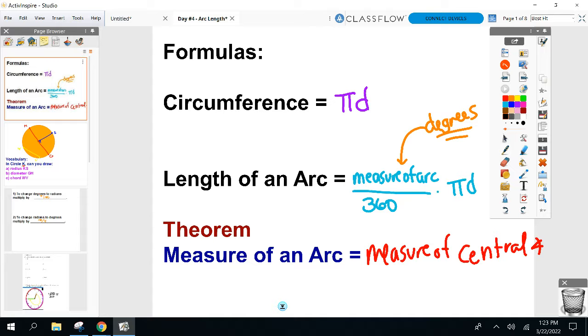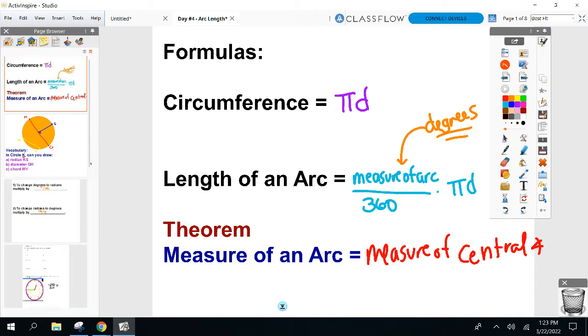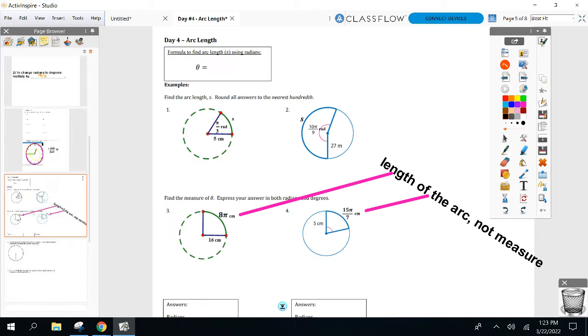All right? So what I'm going to show you guys today is, hey, there's a different formula we could use if the angle actually is in radians. All right, here it is. Here's your formula. If the angle's in radians and you want to find the arc length, I start out with theta. What's theta mean? That's your central angle already in radians.